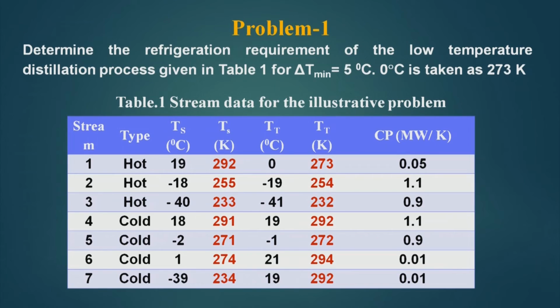For this purpose, we have taken a stream data for this illustrative purpose. It has got 3 hot streams and 4 cold streams, and we have to find out the refrigeration requirements for this example problem.